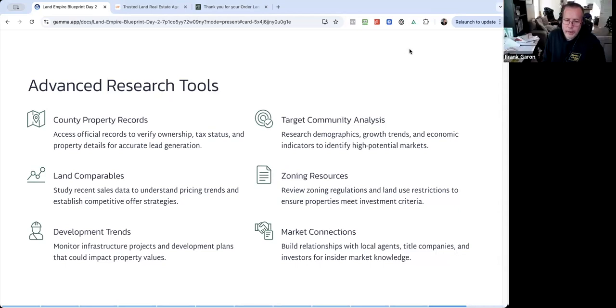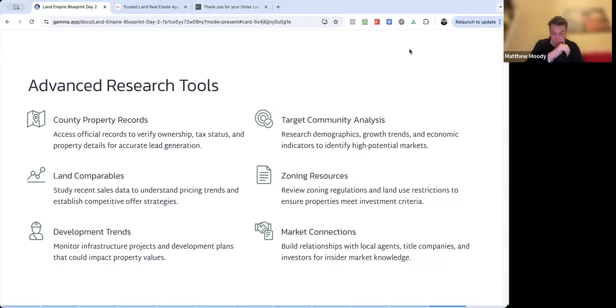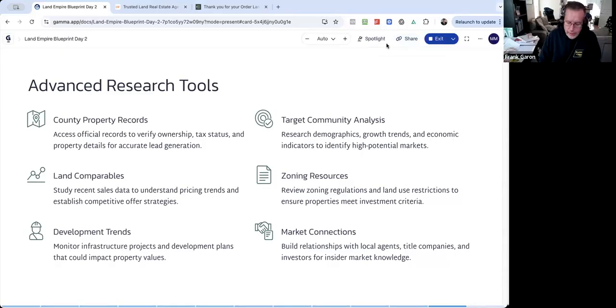Well, I think the other three that I would group together would be development trends, target community analysis, and zoning resources, so that you can see what the trends are here. Are they putting in a new road, a new airport, a new data center for a computer company, an internet company?